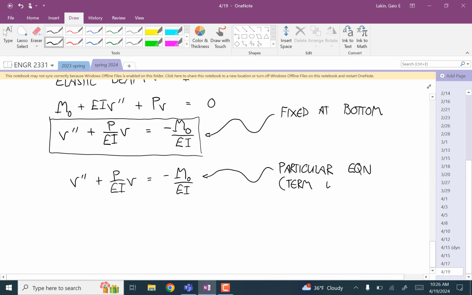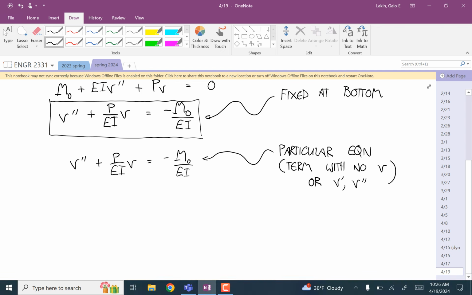And now we're going to look at this equation, removing the thing that has no V, V prime, or V double prime, and that's going to be called the homogeneous equation.